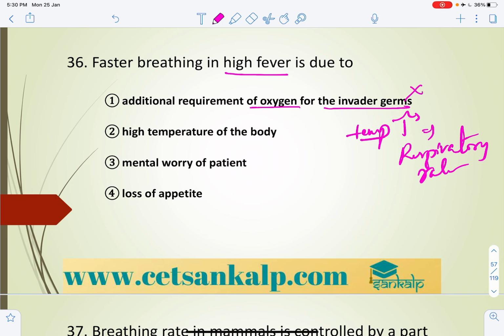No, it is not based on that requirement. We won't provide that, they have to derive it. Because our body is going to fight against the high temperature of the body, so faster breathing, high temperature. Mental worry of patient, no. Loss of appetite, no.